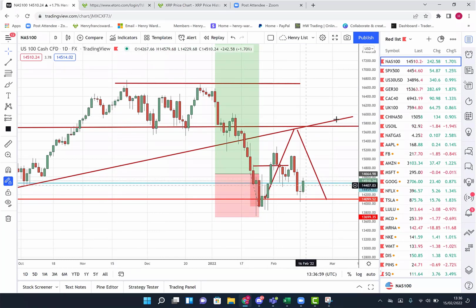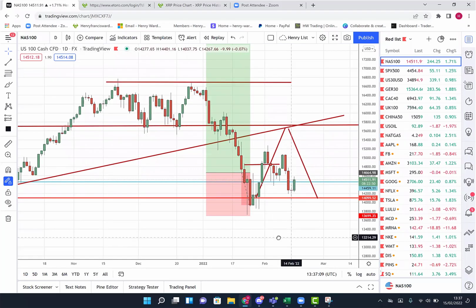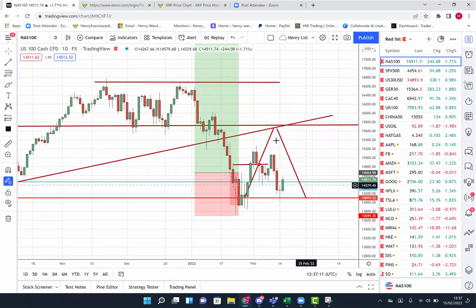I don't expect this to pump to the upside. I don't expect this to pump to the downside. I'd expect this sort of to move sideways like this, and then slowly get a little bit of confidence back in the market. But again, it's just one of these things that we just need to sit and wait. So it's not something I would have expected you guys to take, but anyone that took it off that level, you have a profitable trade at the present moment.